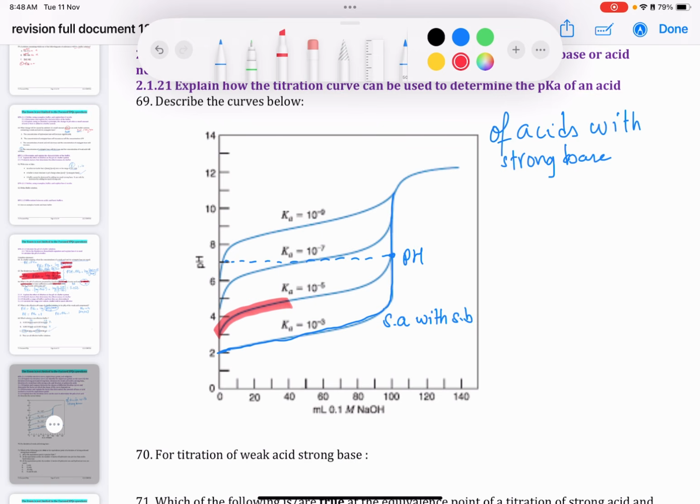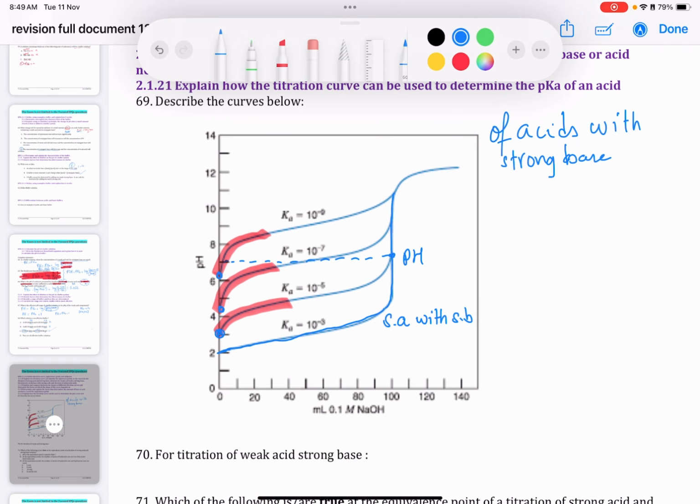For the other acids, we are using weak acids. But as you can see, the pH at the start keeps on increasing the weaker and weaker the acid is.